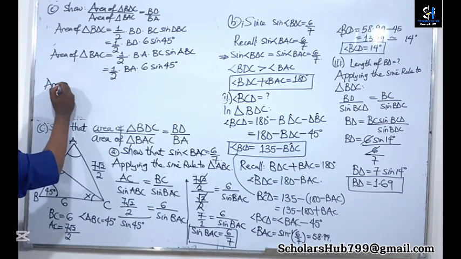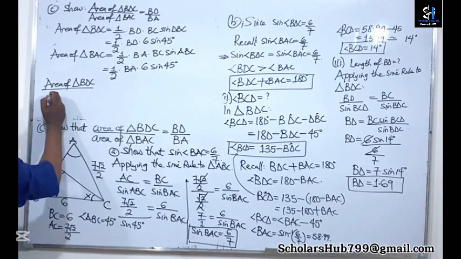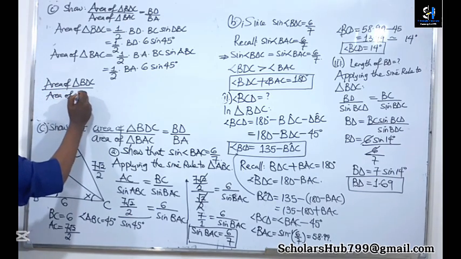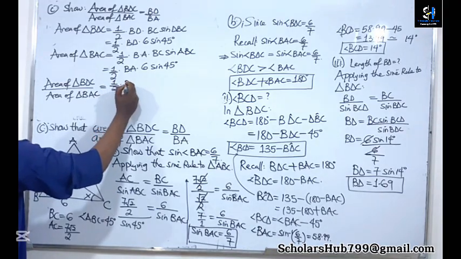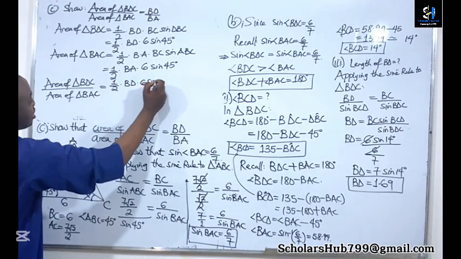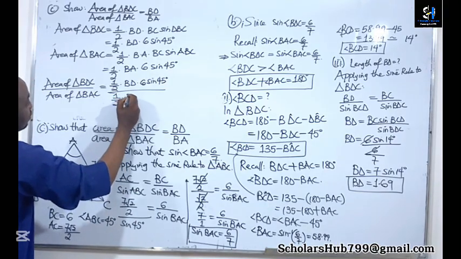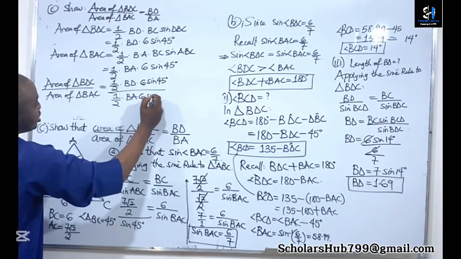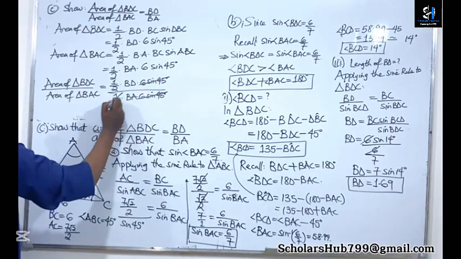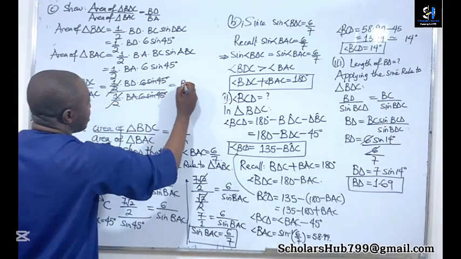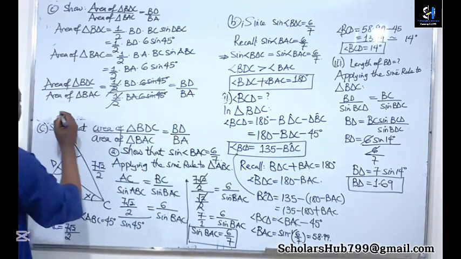If we divide the area of triangle BDC by the area of triangle BAC, that will be 1/2 of BD, then 6 sine 45 degrees, divided by 1/2 of BA, then 6 sine 45 degrees. This will cancel out, this will also cancel out, so we'll be left with BD over BA.